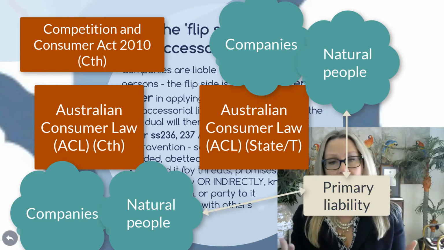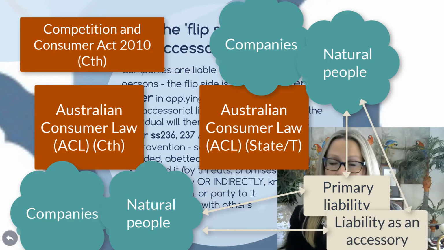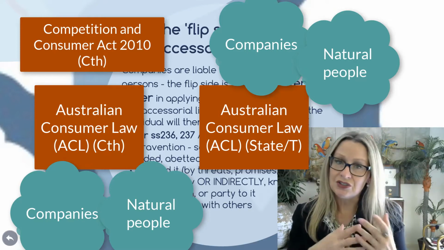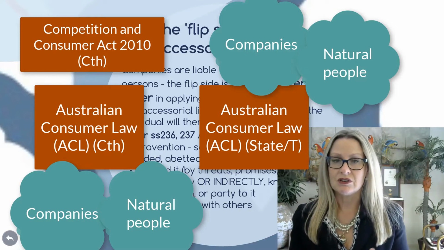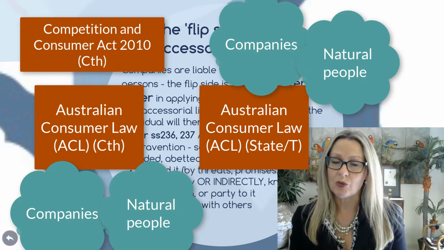So individuals might be liable primarily, or they might be liable as an accessory. So they are the provisions and the general way that the Australian Consumer Law has been enacted and the way it operates in Australia.